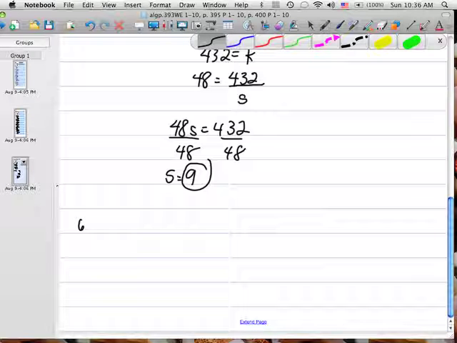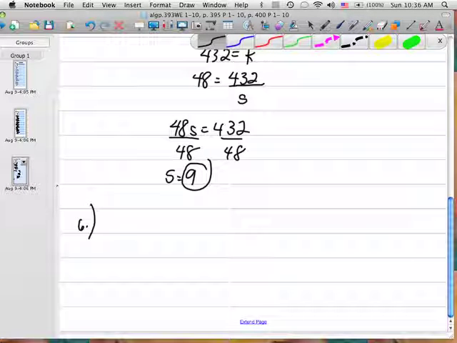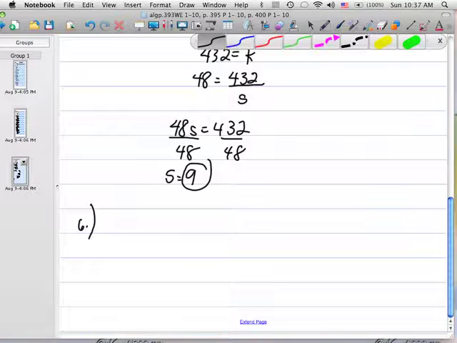Problem number 6. A gear with 42 teeth revolves at 1,200 revolutions per minute and meshes with a gear having 72 teeth. What is the speed of the second gear at the rotational speed of the gear? So the speed of the gear varies inversely as the number of teeth.